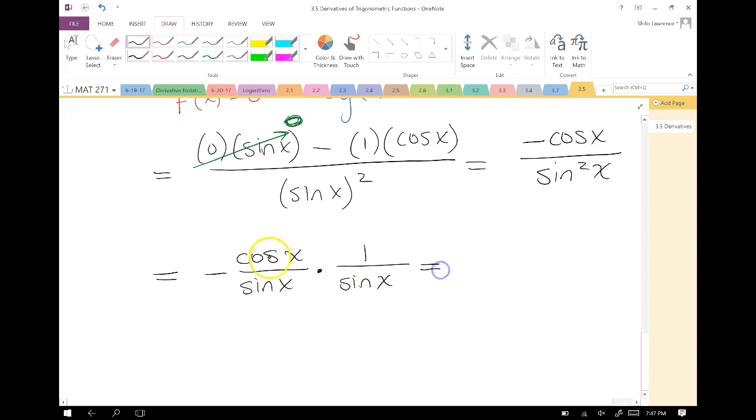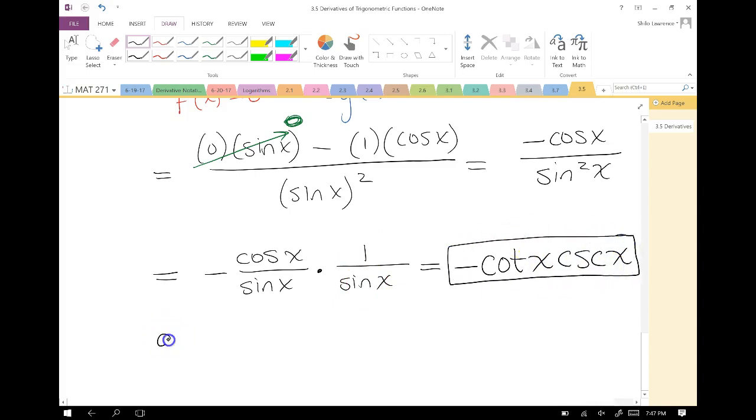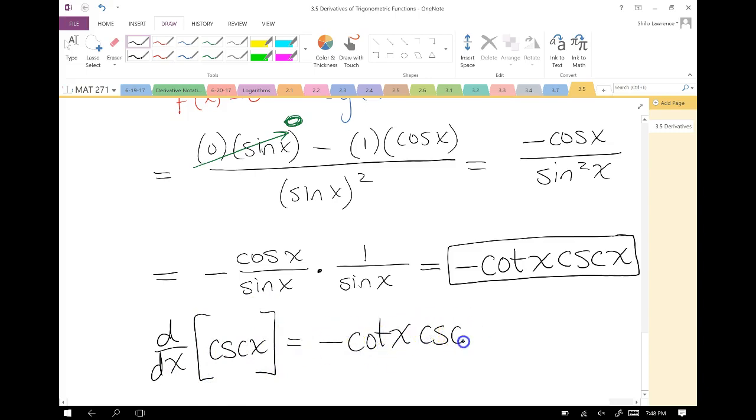Now cosine over sine is cotangent. And then 1 over sine is cosecant. So the derivative for cosecant is negative cotangent cosecant.